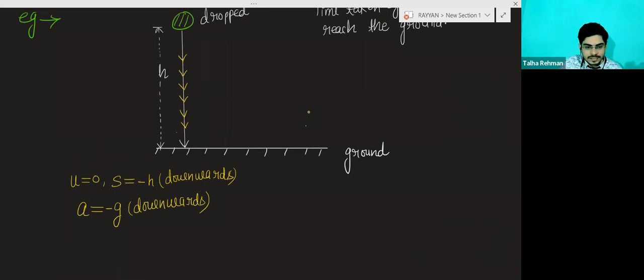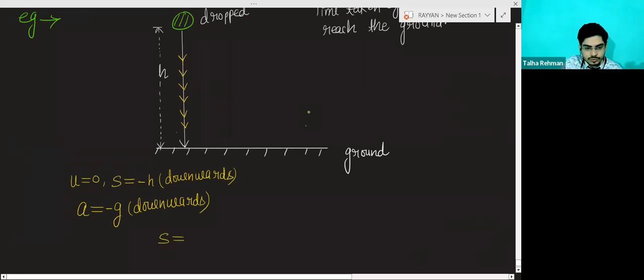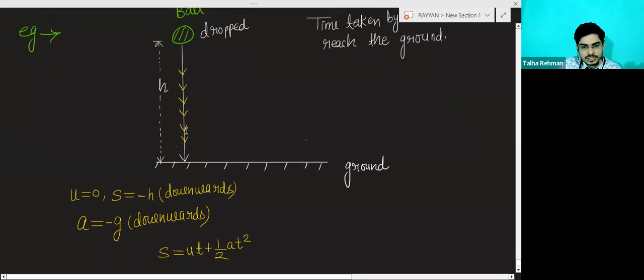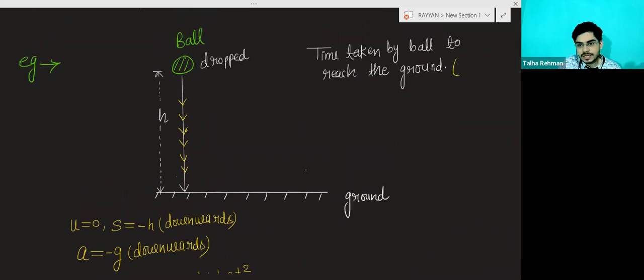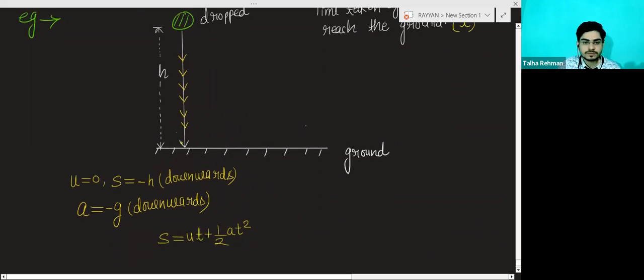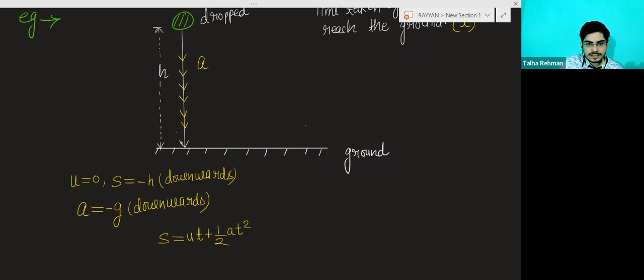Now apply this equation of motion: s is equal to ut plus half a t square. You want to find the time taken by the ball to reach the ground. Acceleration in this case is minus g, and time is what you have to find.